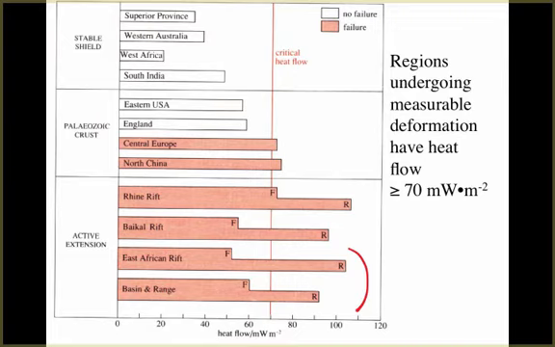We can look also at Paleozoic crust that's deforming in Central Europe or Northern China. Those regions also have elevated heat flows of around 70 milliwatts per meter squared. But then compare that to stable shield, where heat flows range from 20 to 50 milliwatts per meter squared, so much lower heat flows.